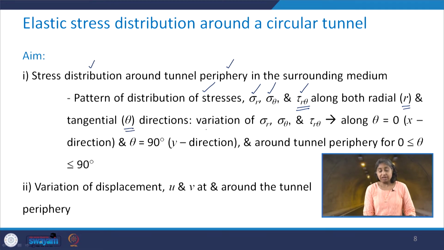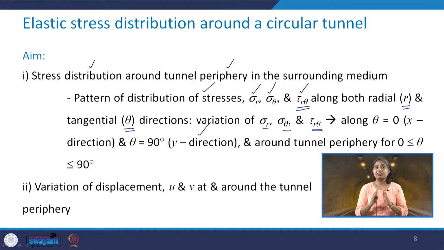We are going to get the variation of sigma r, sigma theta and tau r theta along theta equal to 0 axis, or you can call it the x direction, and theta equal to 90 degree, that is the y direction, and all around the tunnel periphery.